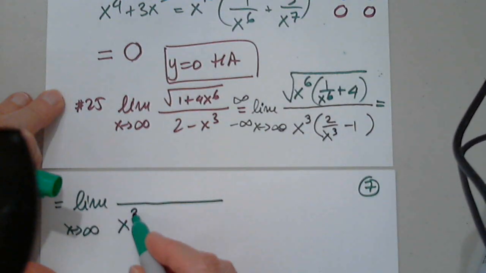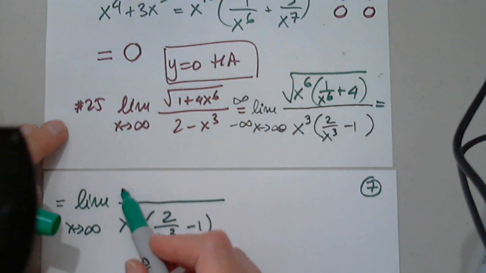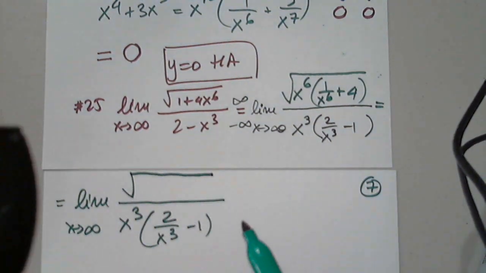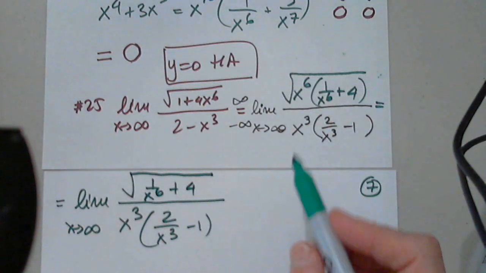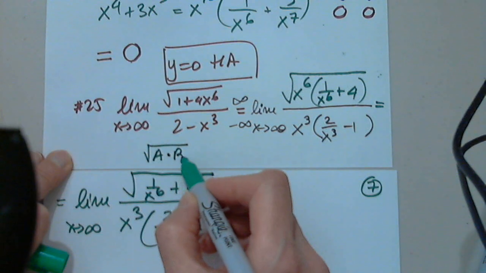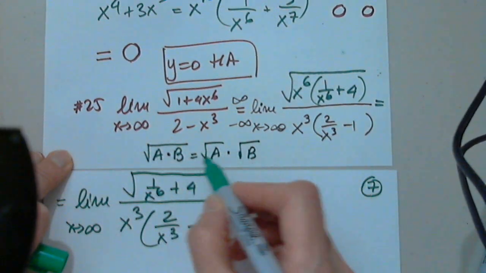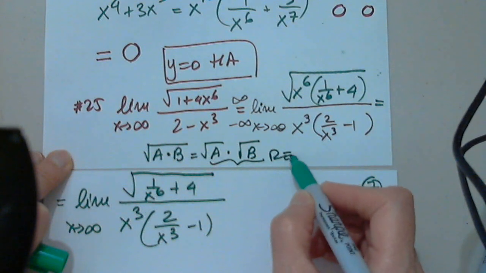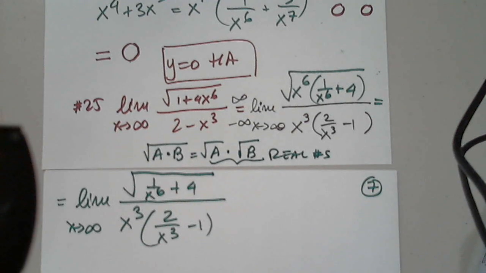I'll copy the denominator. And now I copy the square root, but with a 1 over x to the 6th plus 4, because remember the property: the square root of a times b is the square root of a times the square root of b, if both are real only. Otherwise, the property doesn't work.